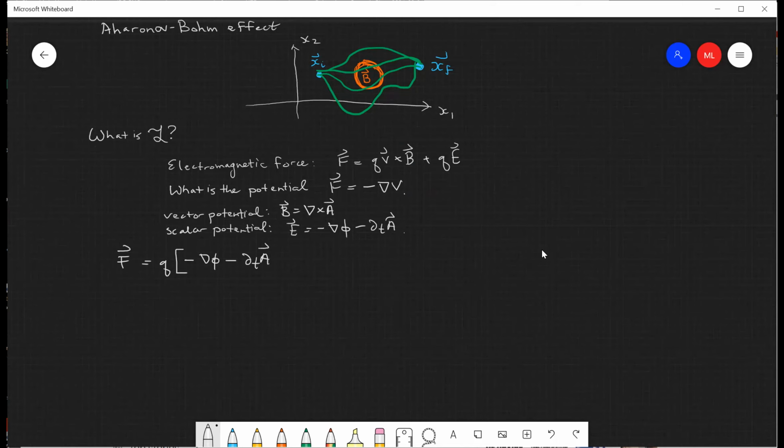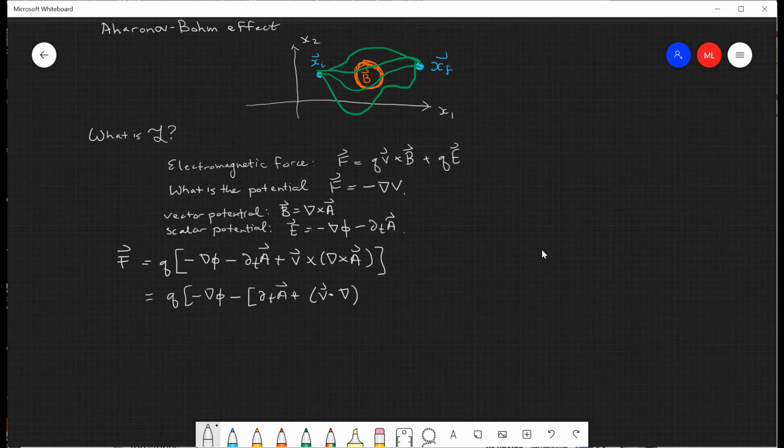Then you have the stuff that comes from the B field, which is V cross curl of A. And now you can use some vector calculus identities, curl identities, to rewrite this as Q times minus grad phi minus, I'm going to pull out an overall factor of a minus sign here, partial t A. And then this curl you can rewrite using an identity for a double curl, which says that this is equal to V dotted into the gradient.